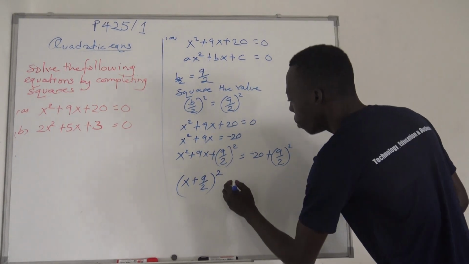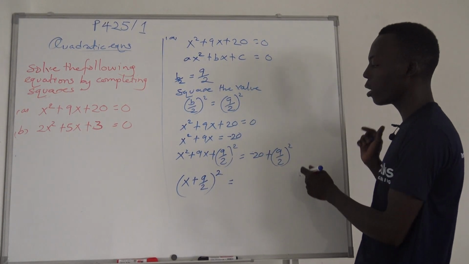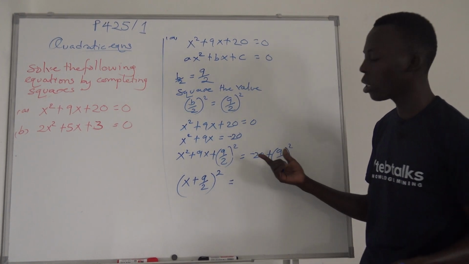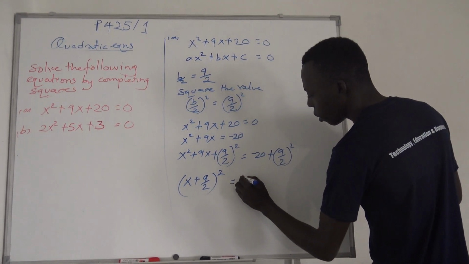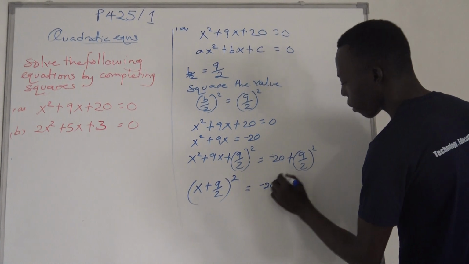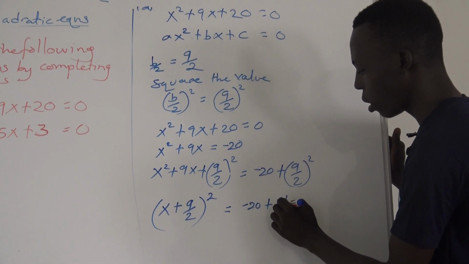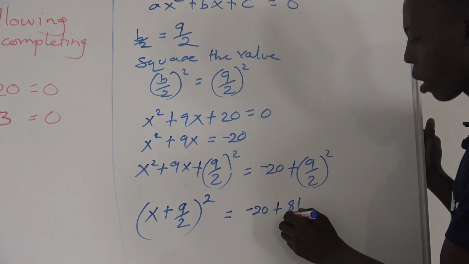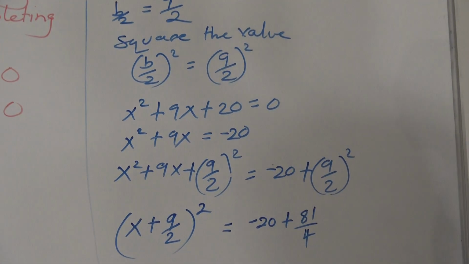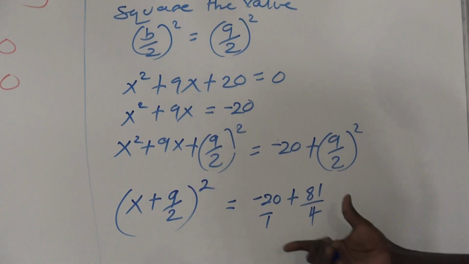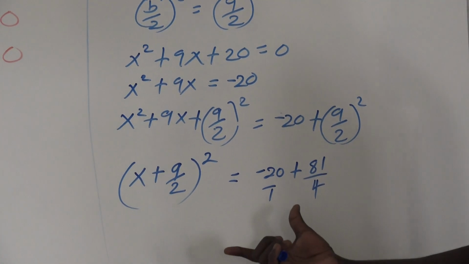So now this one will be equal to, now come to this side, first square, then you get the LCM. It will be negative 20 plus, when you square 9, you come with 81, out of 4. Then from there we say first deal with this side, get the LCM.